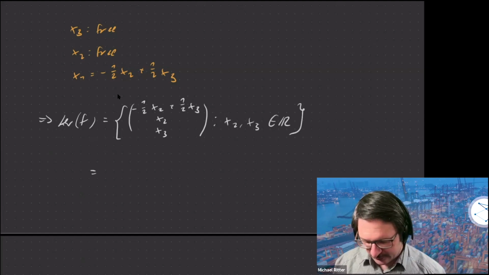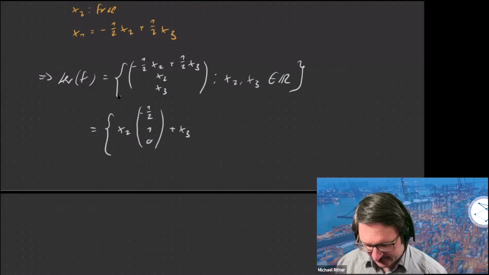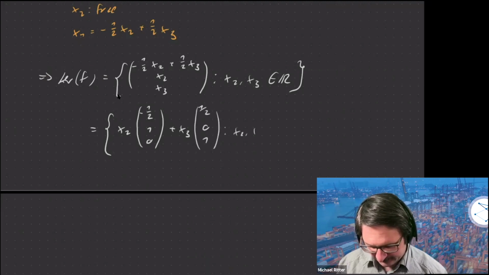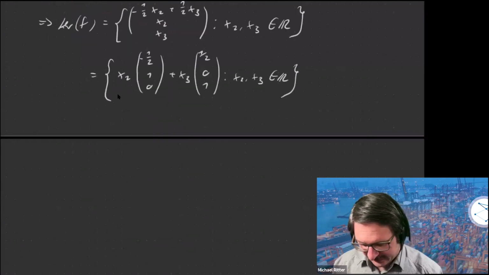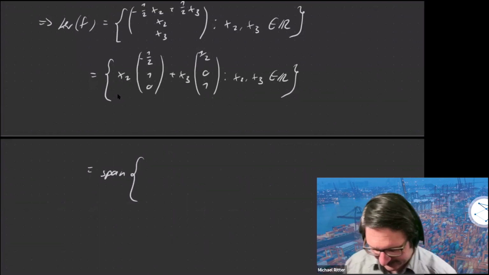So you could also write this as usual in the form, let's collect the x2 components first. Then we have minus 1 over 2, 1, 0. And then the x3 components, that's 1 over 2, 0, 1. And finally, let's write this as the span of the vectors.